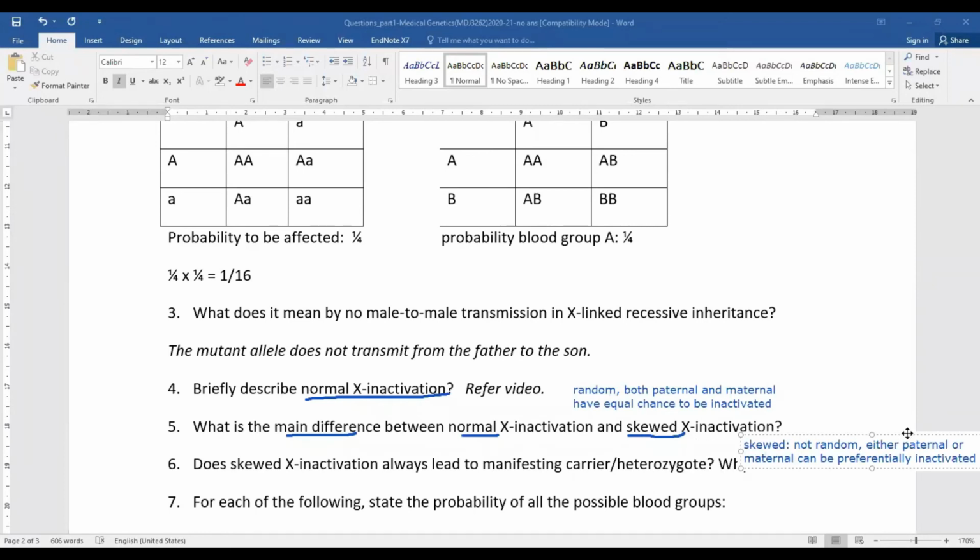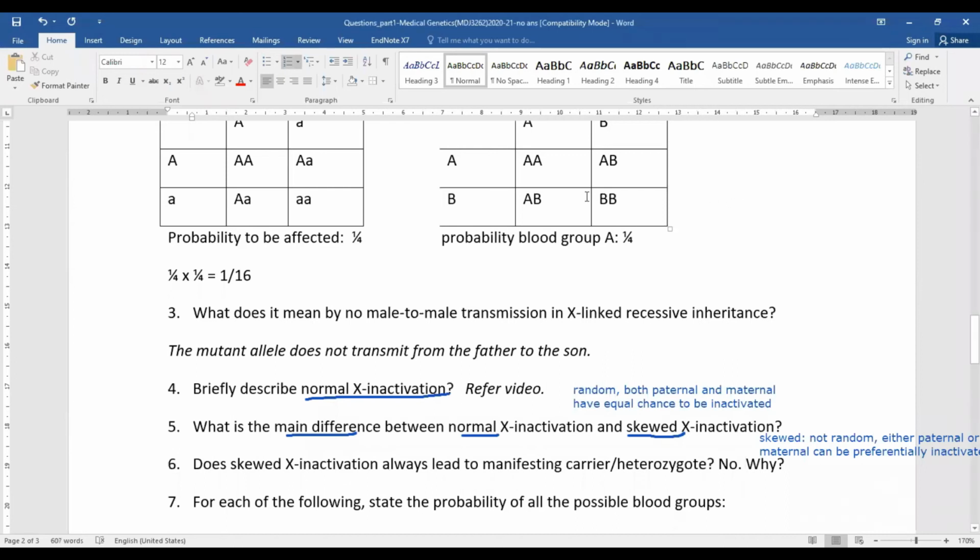All right. Does skewed X inactivation always lead to a manifesting carrier or manifesting zygote? The answer is no. Why is it so?